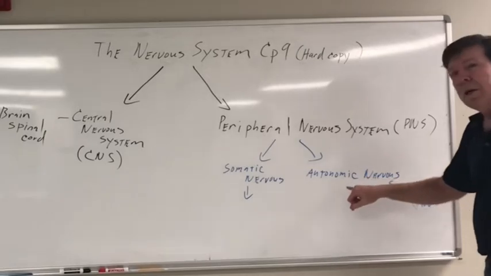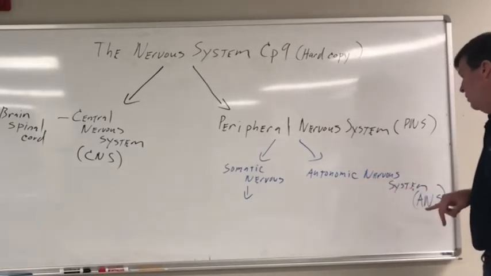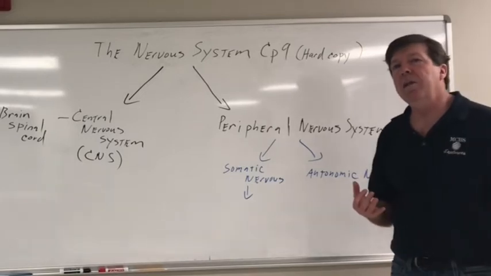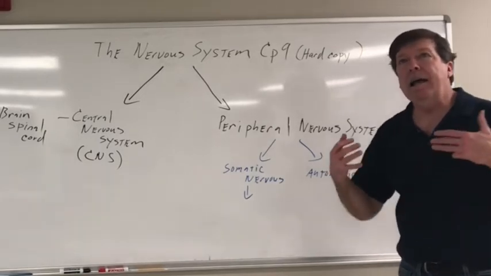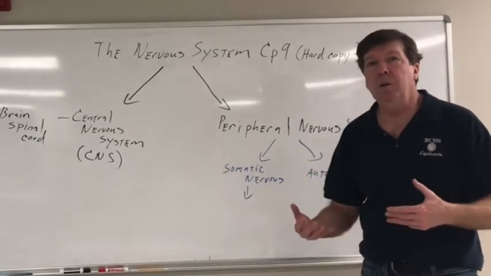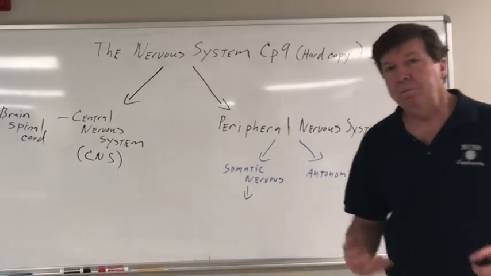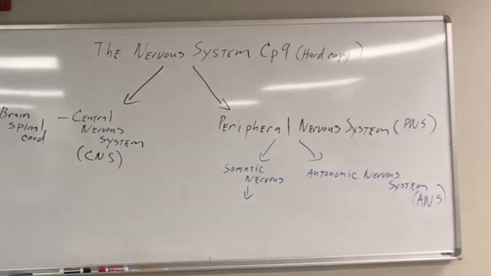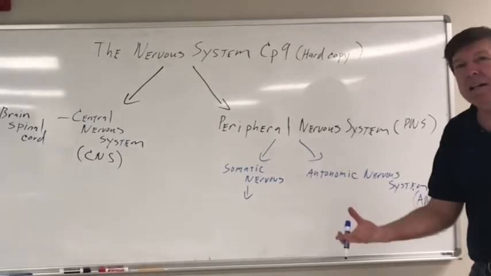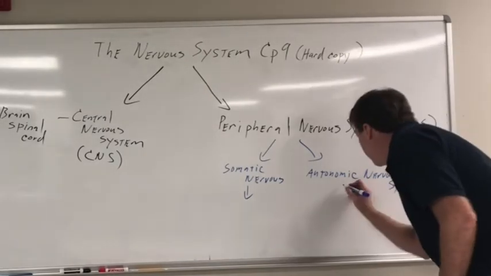Now right here we have the autonomic nervous system. And the autonomic nervous system has to do with an unconscious or automatic response to stimuli. So let me grab something to write with here. And the autonomic nervous system can be subdivided into two components.